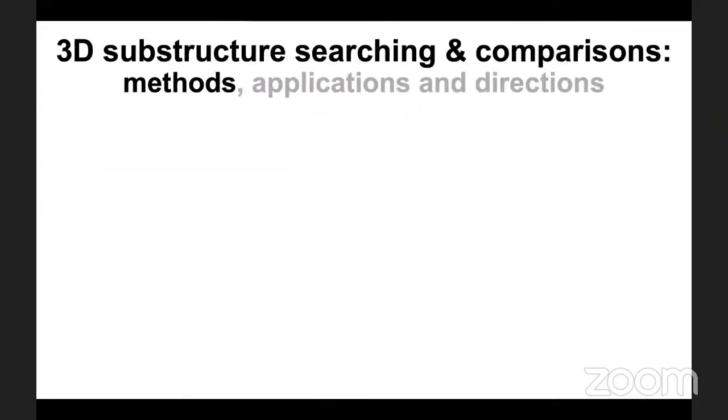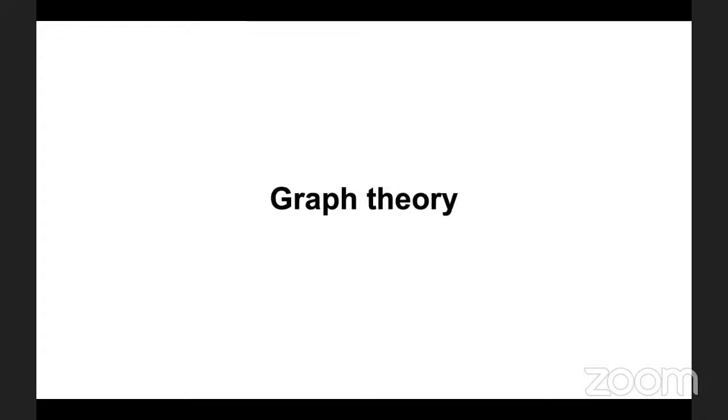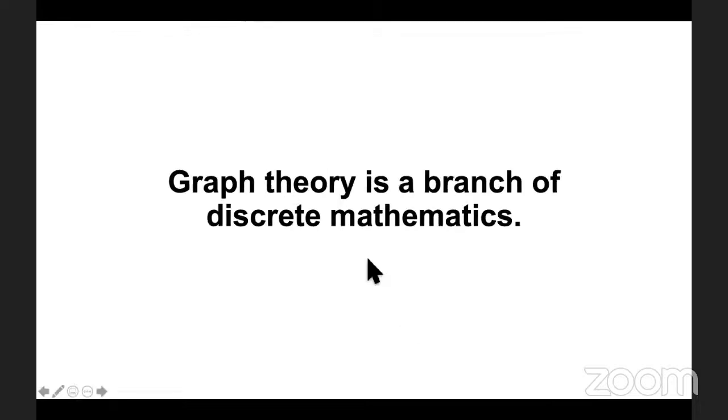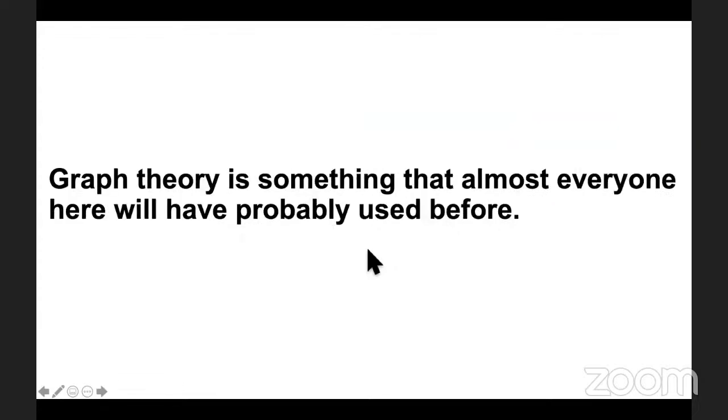So now I want to move on to the methods of how we find these 3D substructures. One common method that we use is graph theory. Now, graph theory is basically a branch of discrete mathematics, and it's something that almost everyone here will probably have used before.